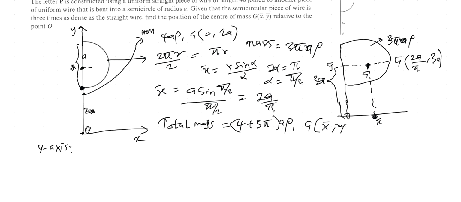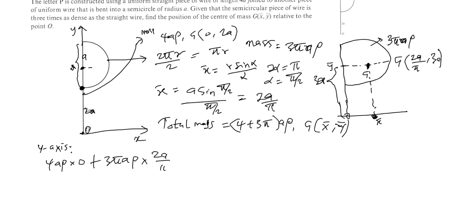Taking moments about the y-axis: for the straight line, the mass is 4a rho and the x coordinate is 0, so it's times 0, plus for the curve, the mass is 3 pi a rho and the x coordinate is 2a over pi.